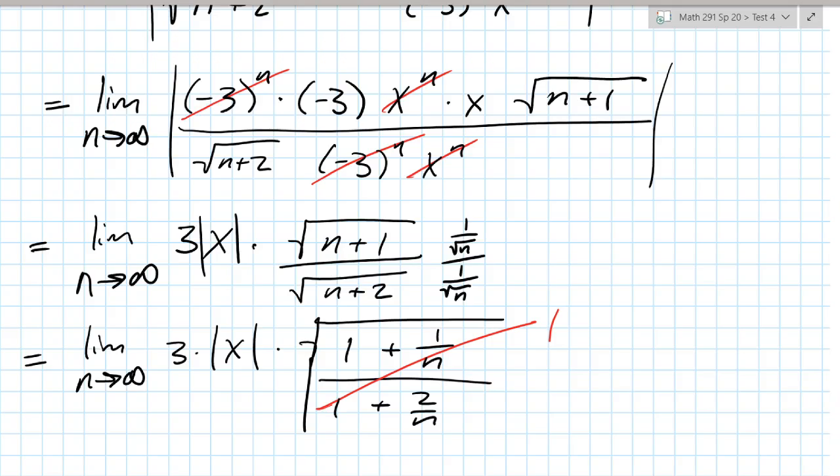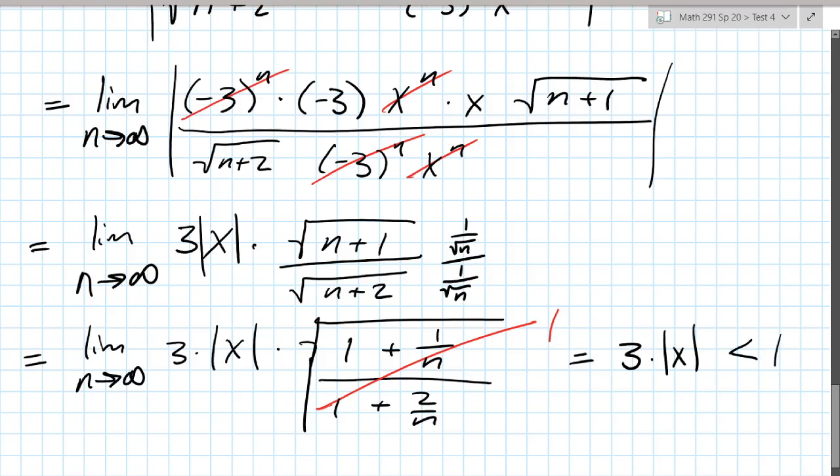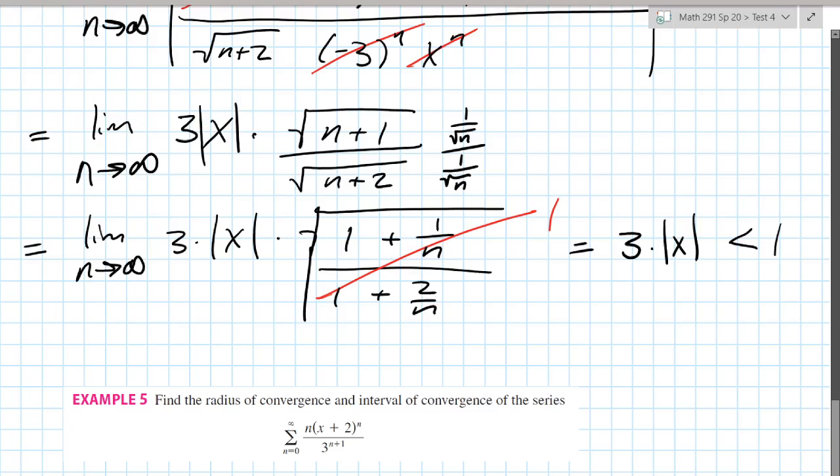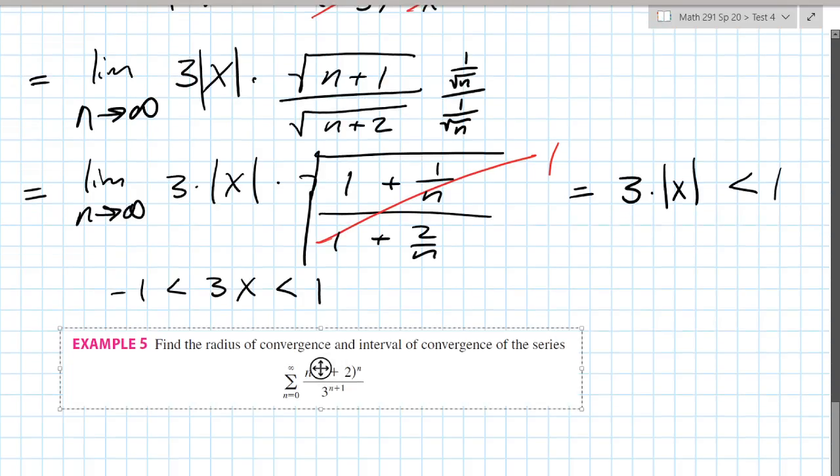So what we have is the limit is 3 times the absolute value of x, which we want to keep smaller than 1. So that means we've got from -1 to 3x to positive 1. That inequality there.